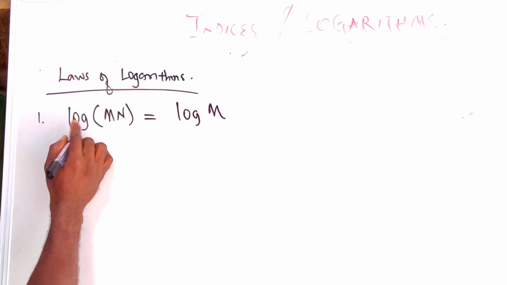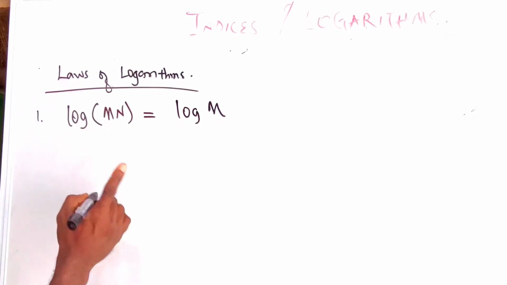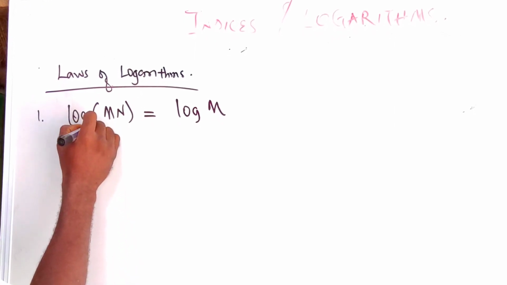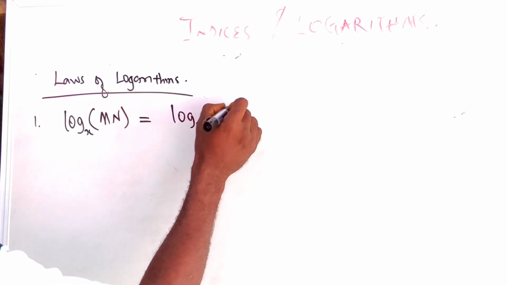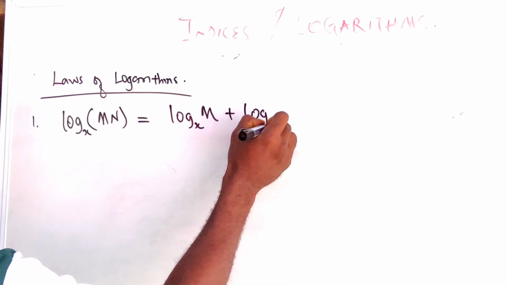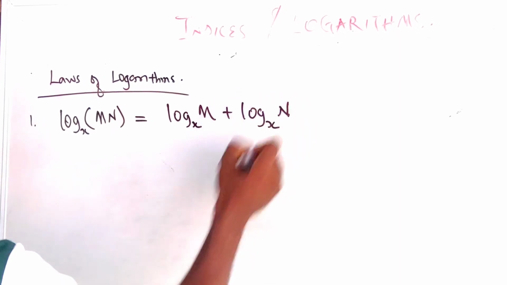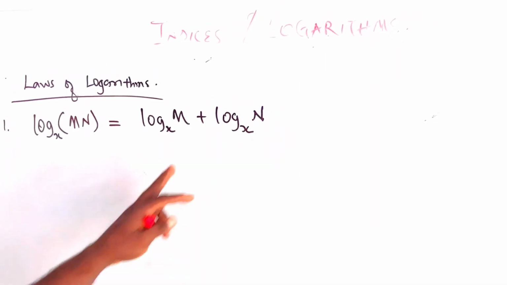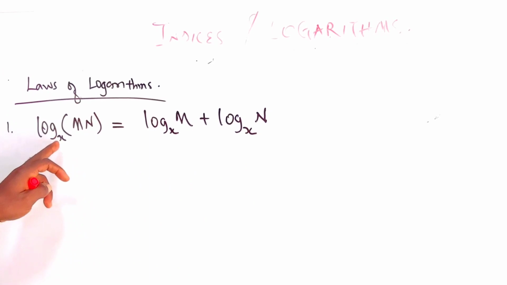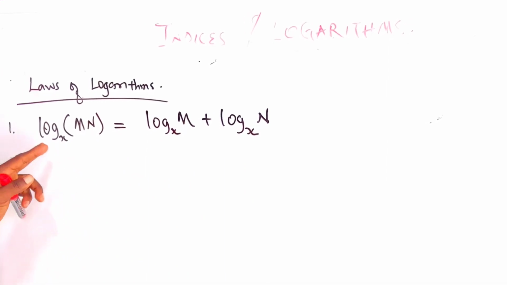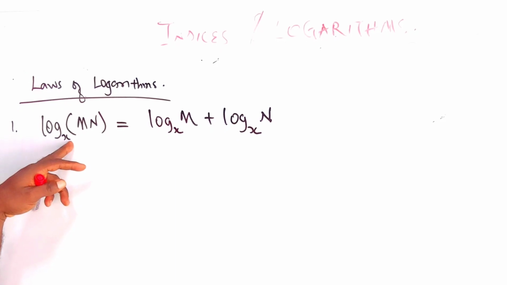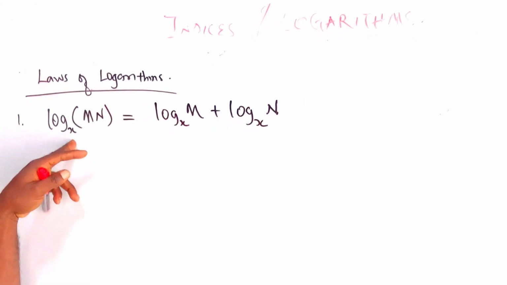If you don't have a base like this, it simply means base 10. But let's put a base now. Let's say x simply means log x m plus log x n, because there is always a base. So most of the time, if you don't have that base being written here, it simply means log 10.